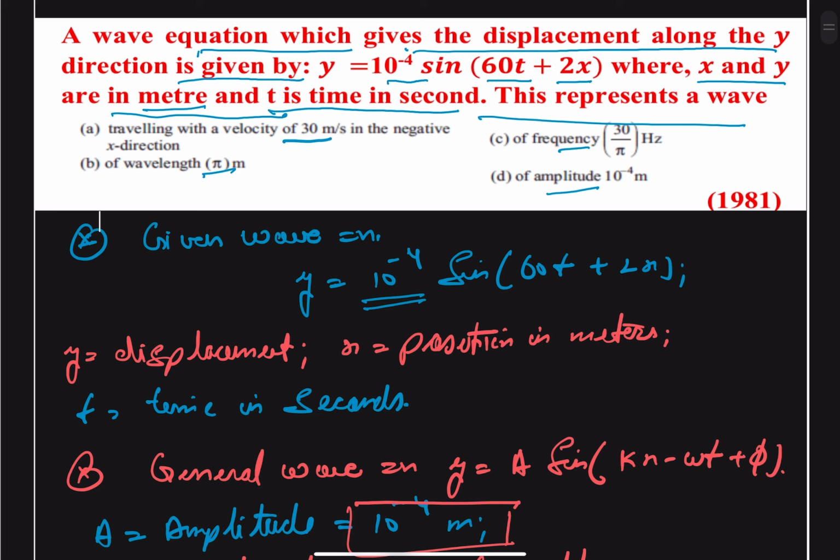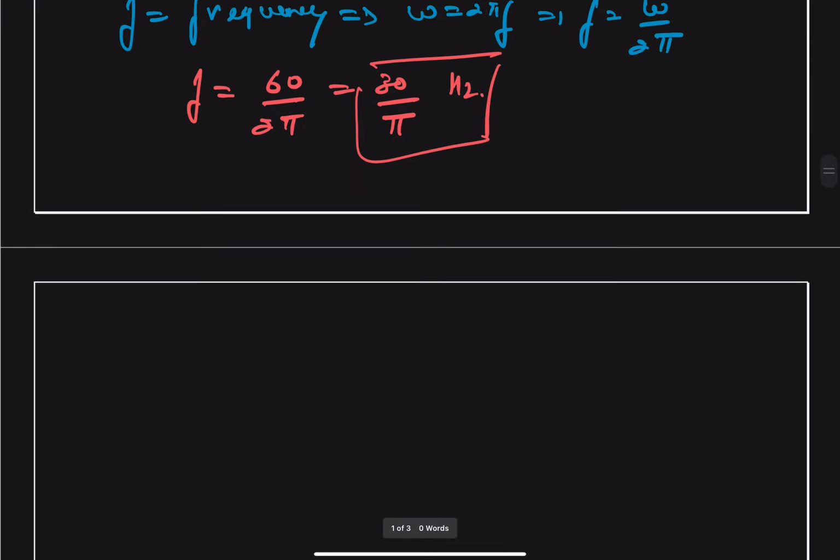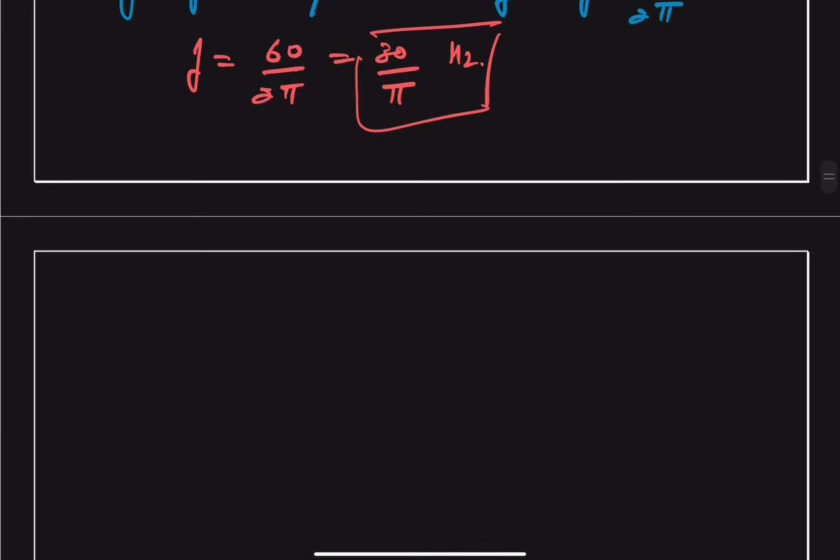We have velocity, frequency, amplitude and wavelength; we need to find the velocity also. So we find v, the wave velocity, which will be equal to frequency multiplied by lambda.